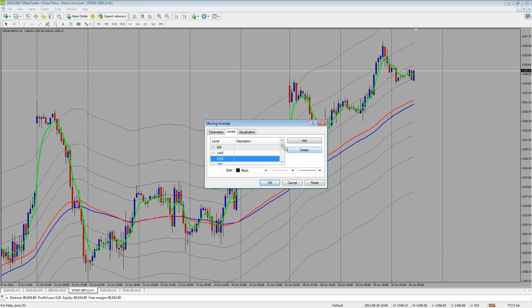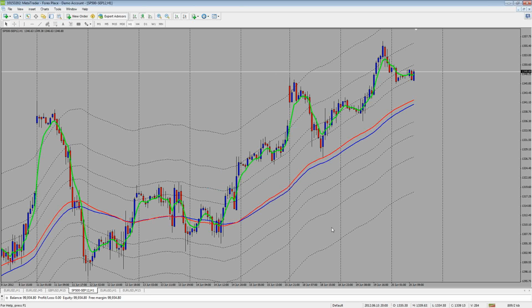So again, 55 or 550, 89, 144, 233. These are Fibonacci numbers, and in the other direction, minus 55, minus 89, minus 144, minus 233. All these give you these levels.